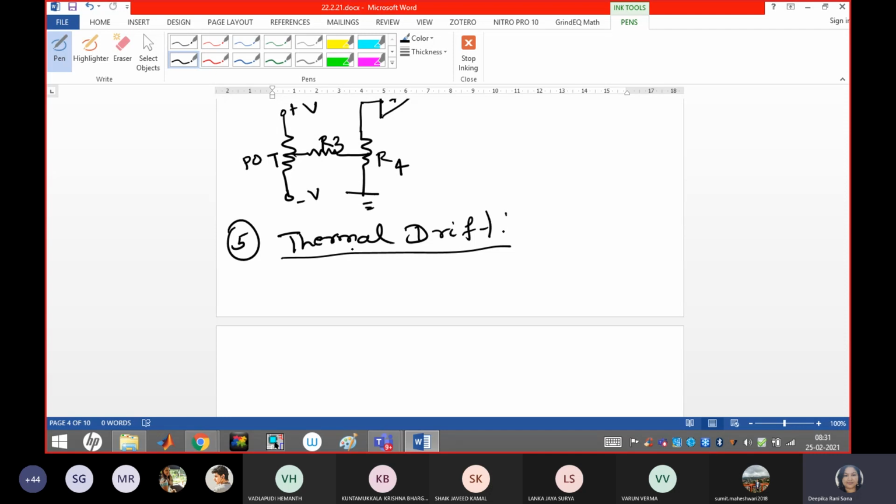Then what are the methods we have to use to compensate this thermal drift effect?